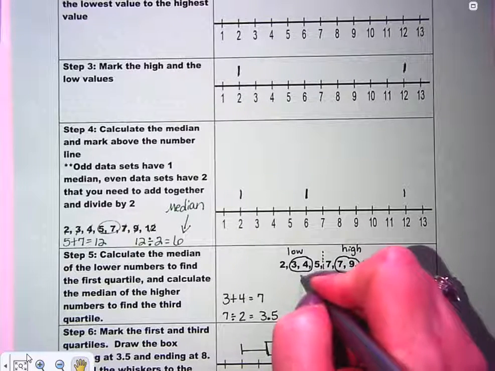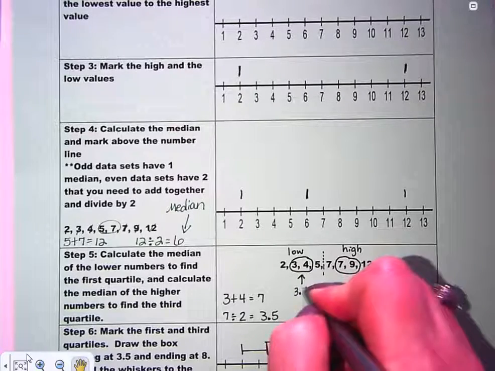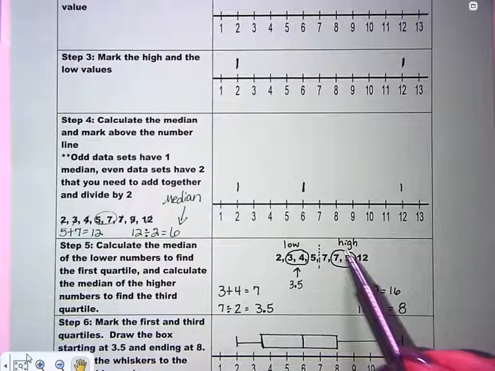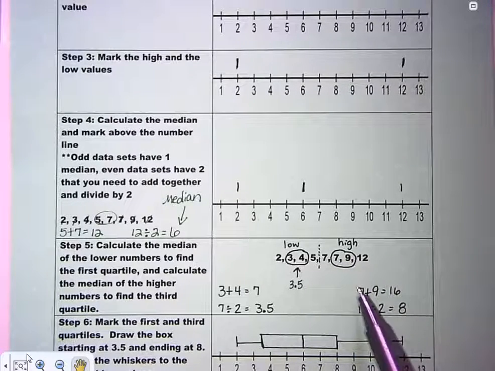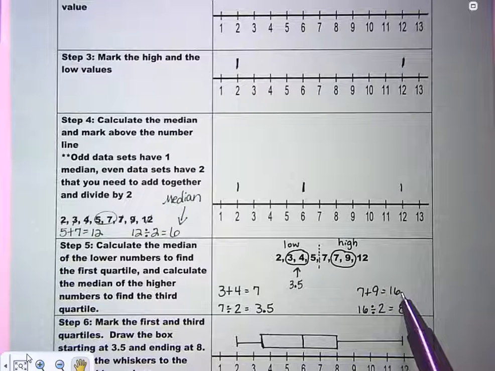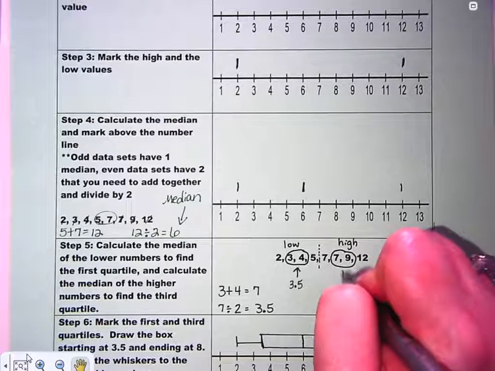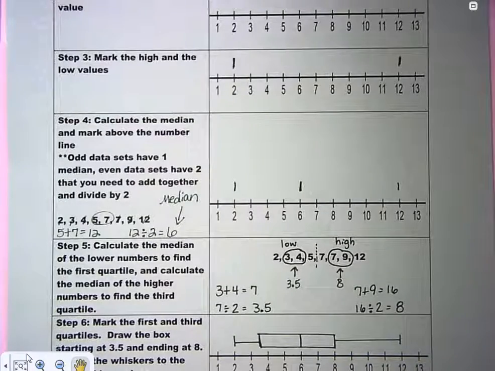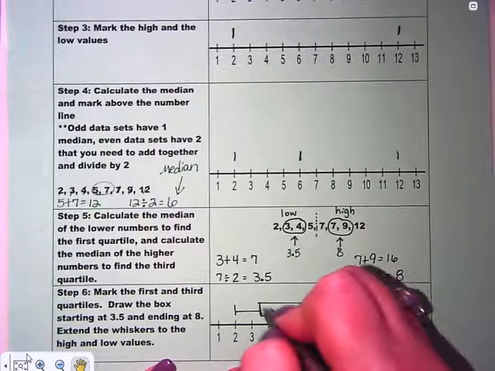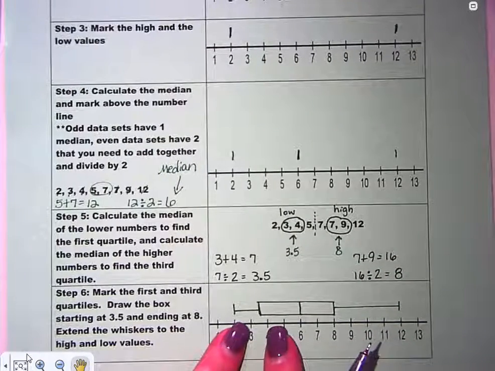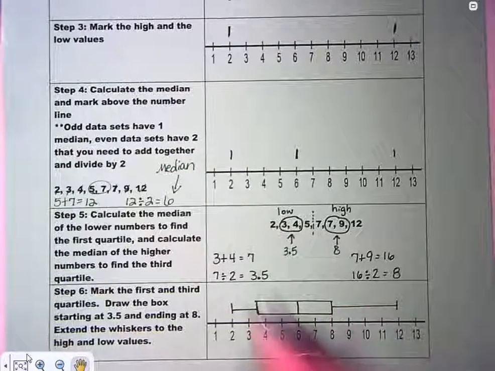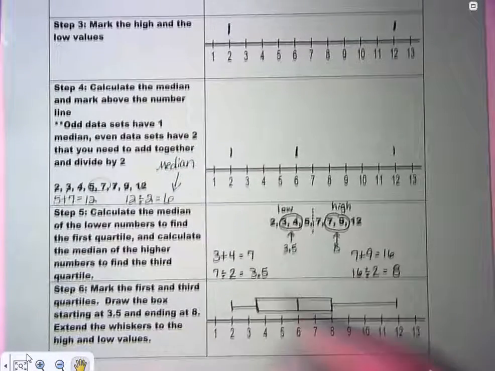So our lower median is 3.5. In our upper set, these 2 are in the middle: 7 plus 9 equals 16, and 16 divided by 2 is 8. So 8 is our upper median. Then we would mark 3.5, which is halfway between 3 and 4. Then we would mark 8, and then we draw the box.